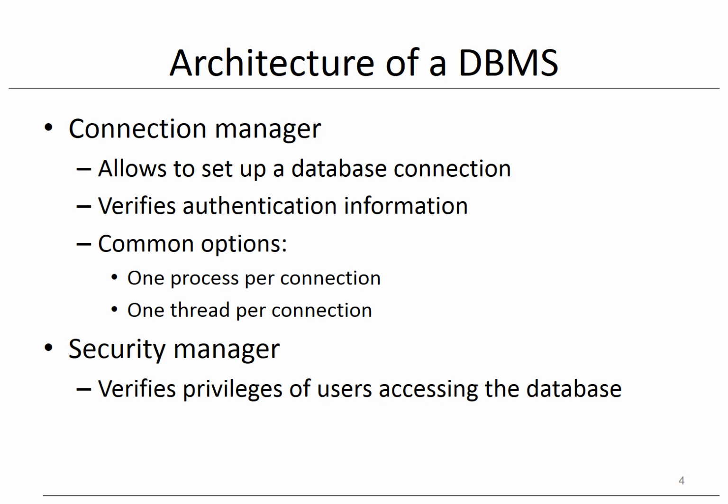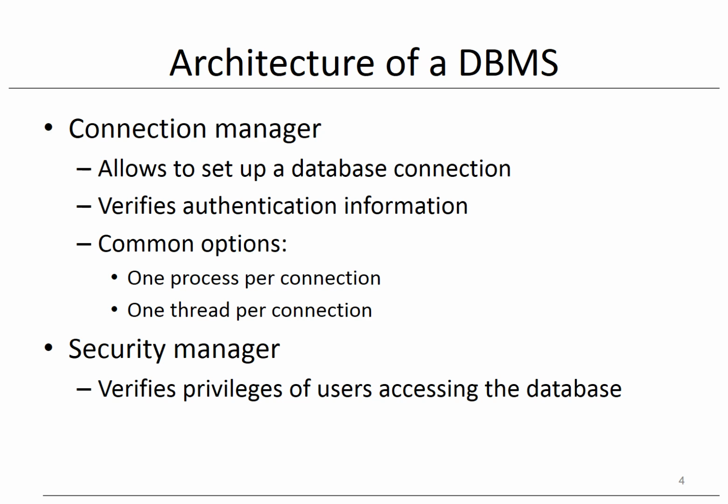The connection manager allows to set up a database connection. It can be set up locally as well as through a network, which is more common. It will verify the logon credentials, such as username and password, and will return a connection handle.